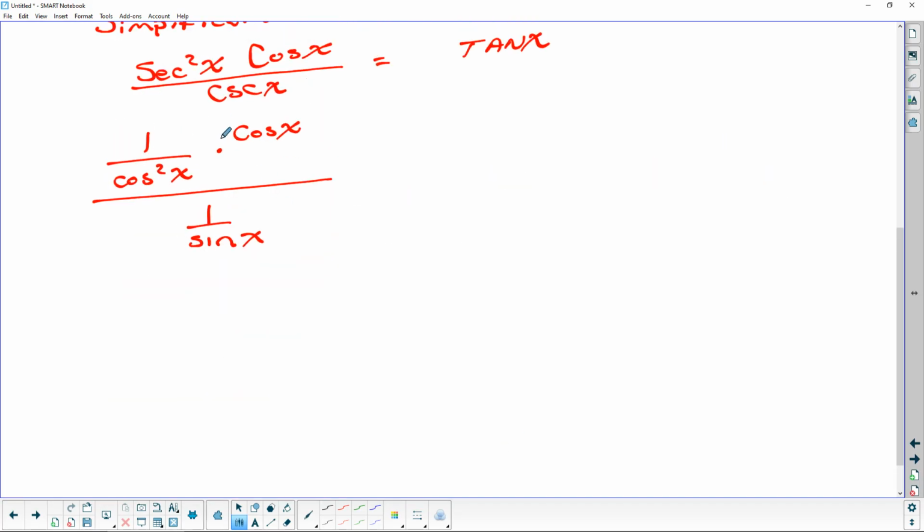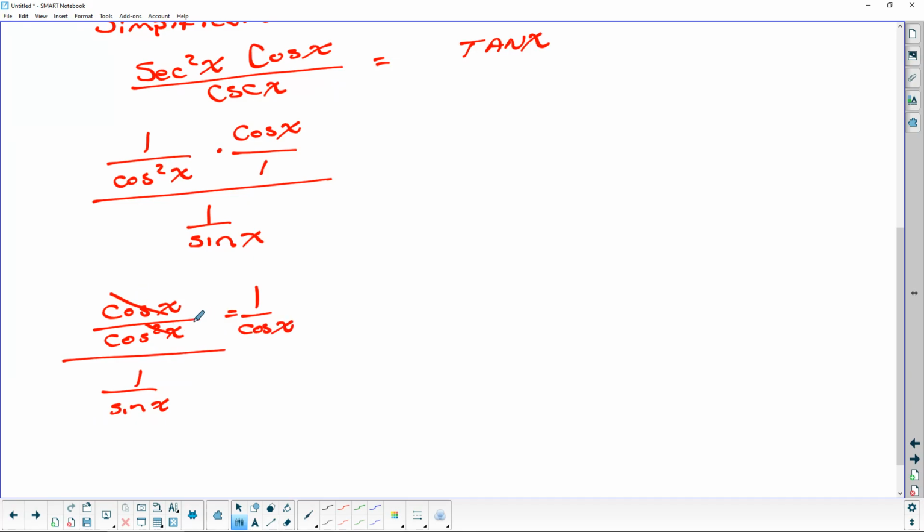Okay, so this is like cosine over 1. So this would be cosine x over cosine squared x. So that means we can cancel one of them out. And this is still 1 over sine. So if I cancel out that one and this one, that equals 1 over cosine x. Right? Take one cosine off the top, one cosine off the bottom.